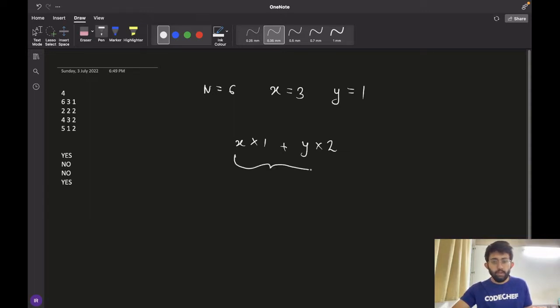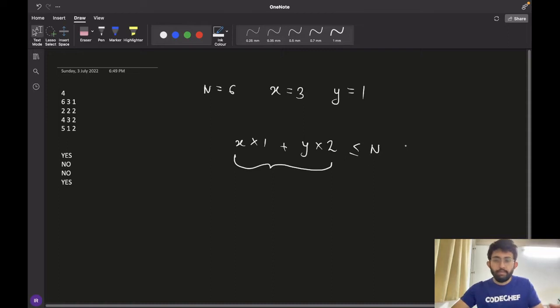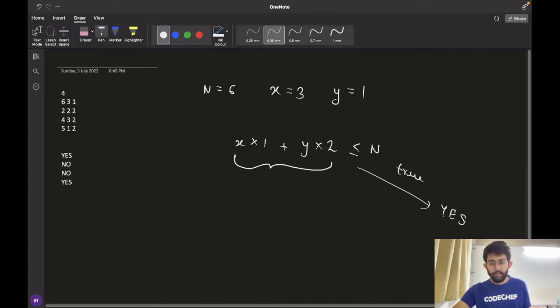So this is the total space required for us, and we have to check whether this is less than or equal to n. So that means to install the files in a computer, the total space available to us should always be greater than or equal to the space required by us. So if this condition is true, we print yes, otherwise we print no.